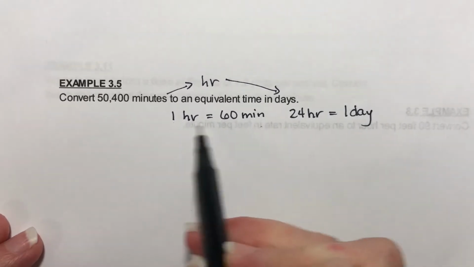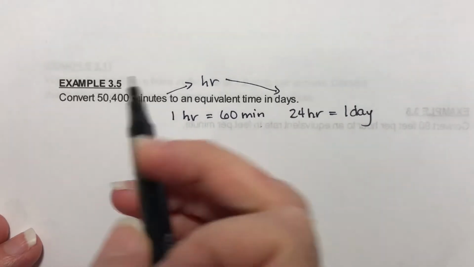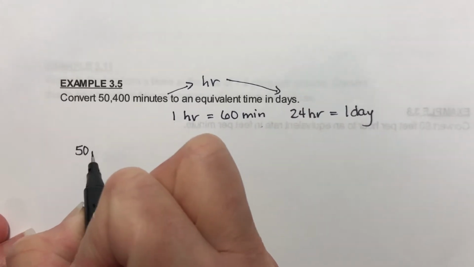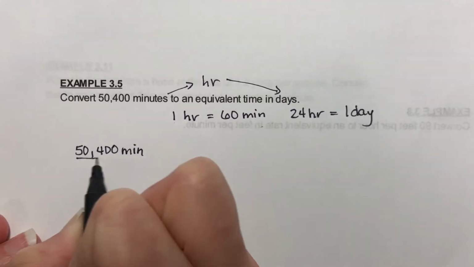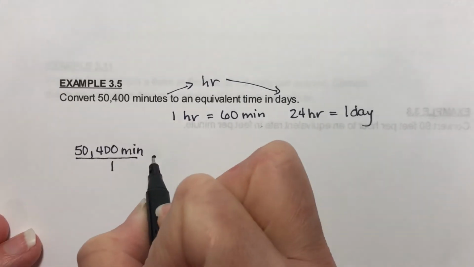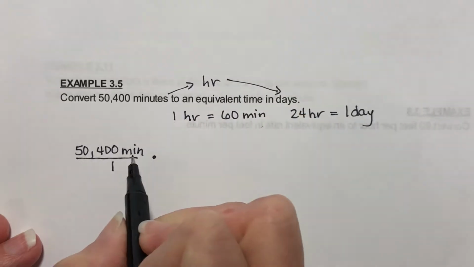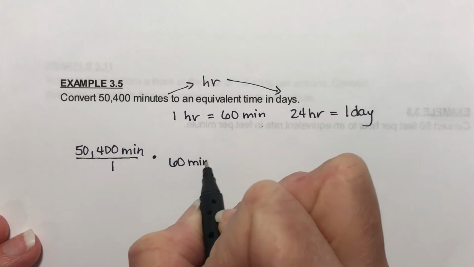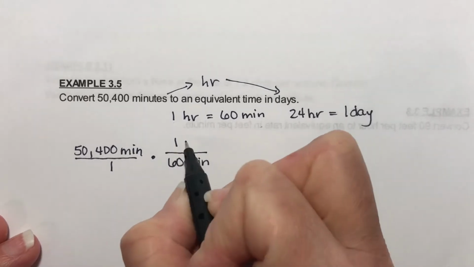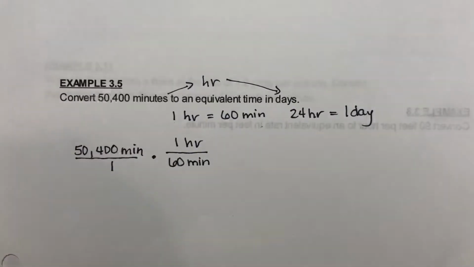So the first problem I'm going to work is right here. I want to convert 50,400 minutes, and I'm going to put that over 1, and I'm going to change this to hours. I'm trying to cancel out minutes, so I'm going to put 60 minutes in the bottom, and I'm going to put 1 hour in the top.